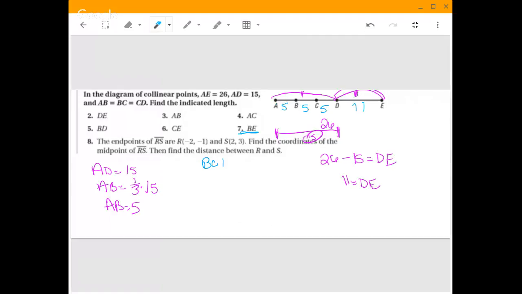So BC plus CD plus DE would equal BE, right? Right. So then BC is 5, CD is 5, DE is 11, and that equals BE. And then you can just add those together to get 21 equals BE. Okay. Is it making a little more sense? Yes. Okay.